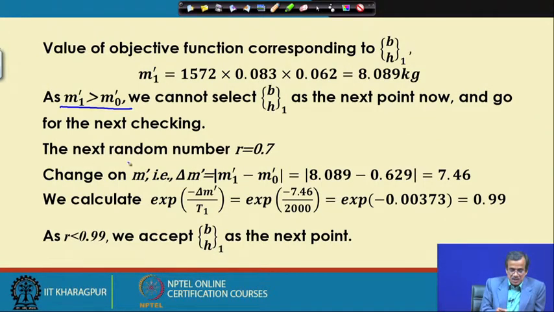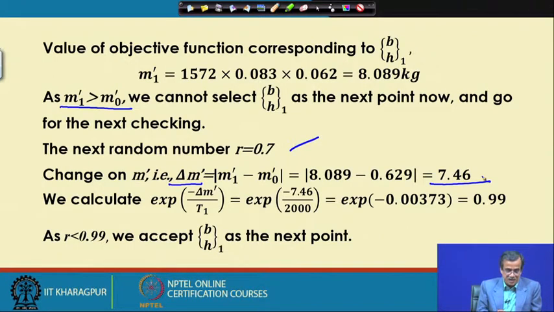Now, the next random number r is 0.7. We find the change in m prime, delta m prime, which is the modulus of the difference between m 1 prime and m naught prime, and this becomes equal to 7.46.